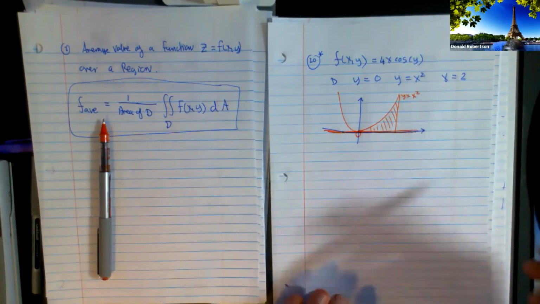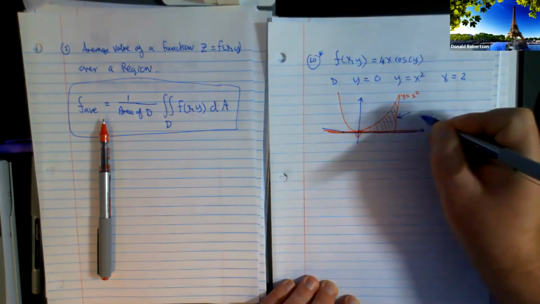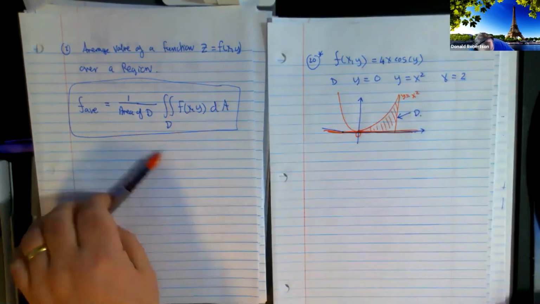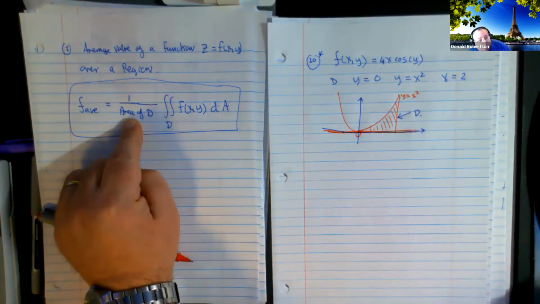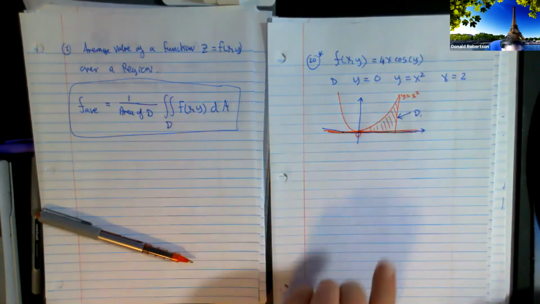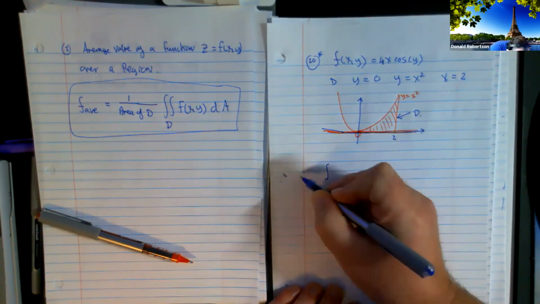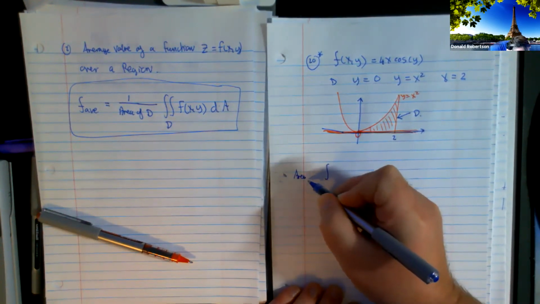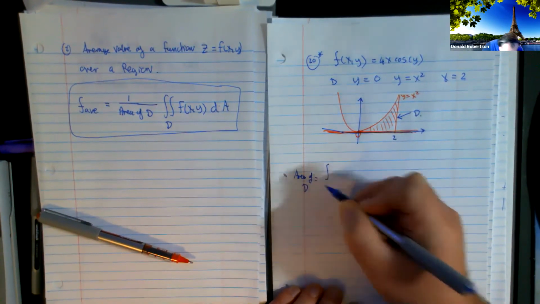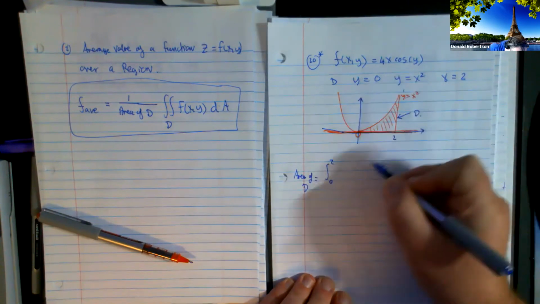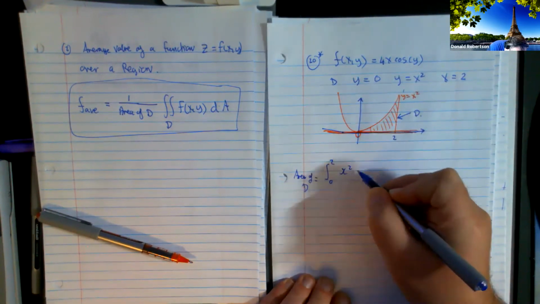So my region D is here. Since this formula needs to know the area of D, I'm going to have to find the area of D. Well, isn't that the integral from 0 to 2 of x squared?